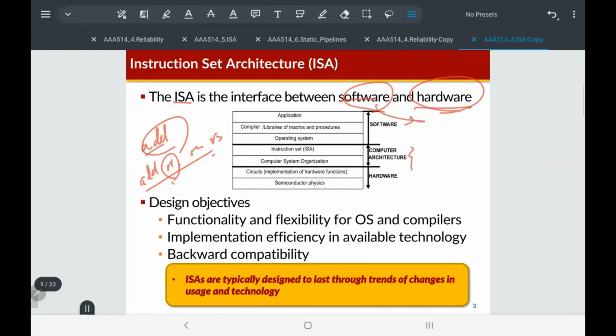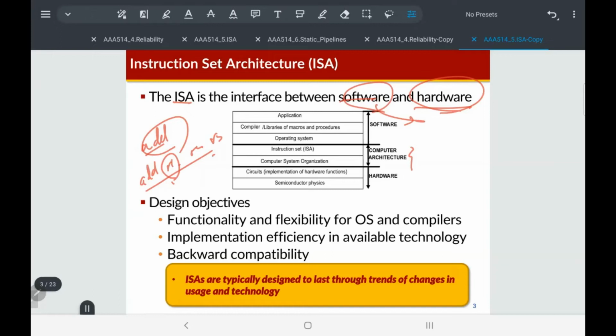On the software side, this is an area of the compiler actually. We write our code in high-level programming languages, and then this code is compiled by compilers.